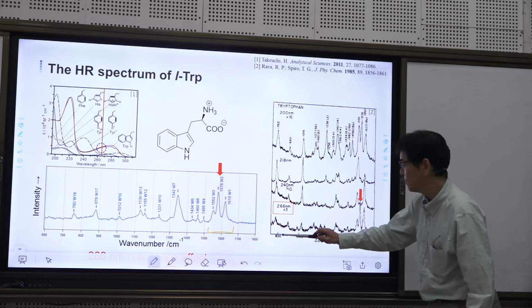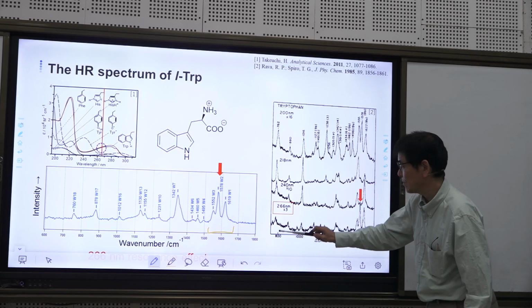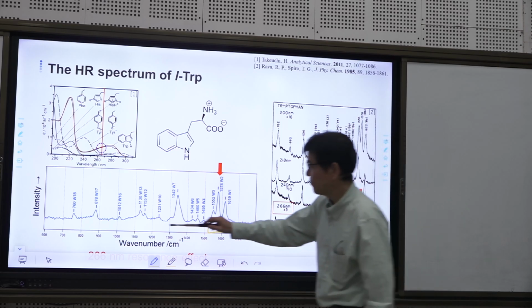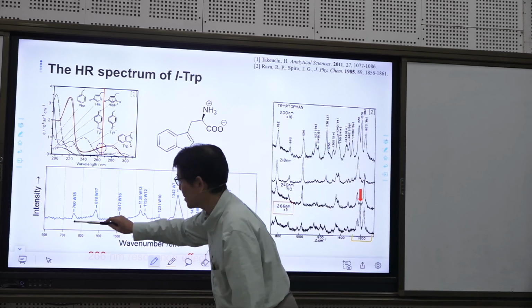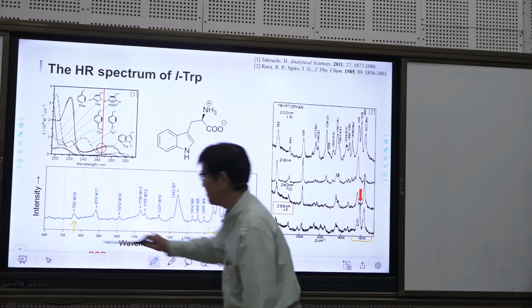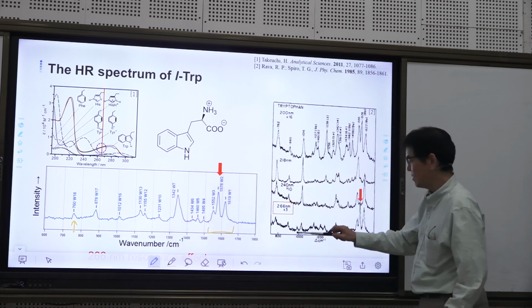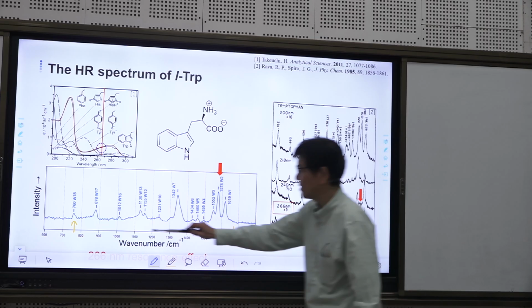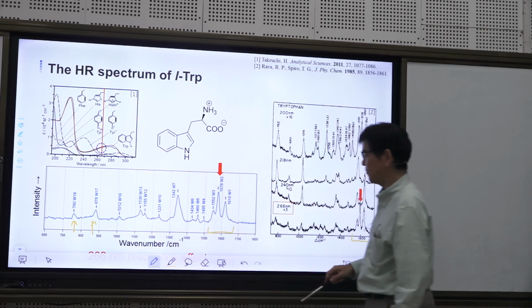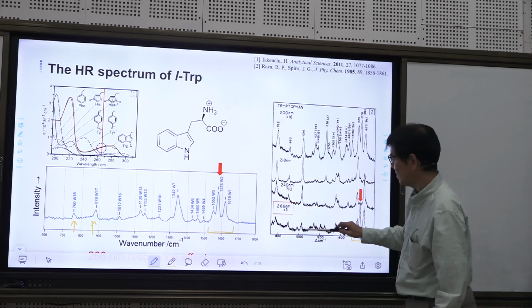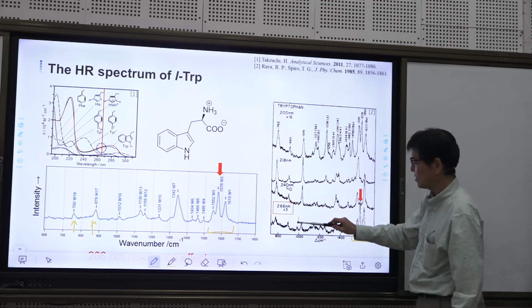At 800 wave number or less, there is a peak. Nearly 900, there is a peak. At 1000, there are 2 peaks.